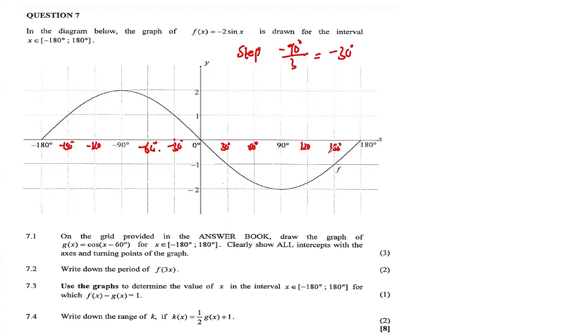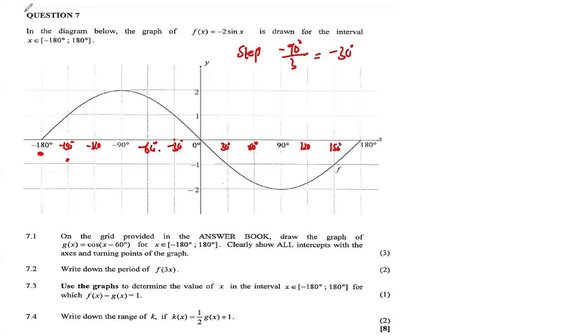Then at this point, we can now draw the graph. Starting from -180, if we punch in -180, it gives us a value of -0.5, which can be here, because that's the midpoint of 0 and -1. Then when we punch in -150, that's -0.866, which we can predict to be somewhere there.